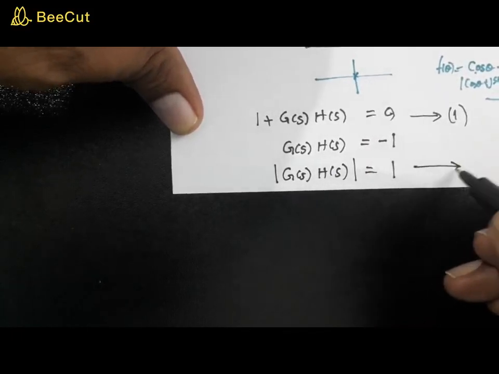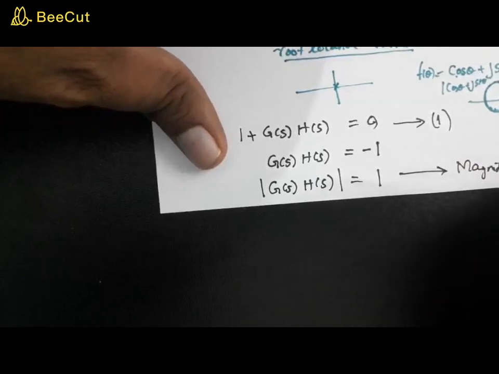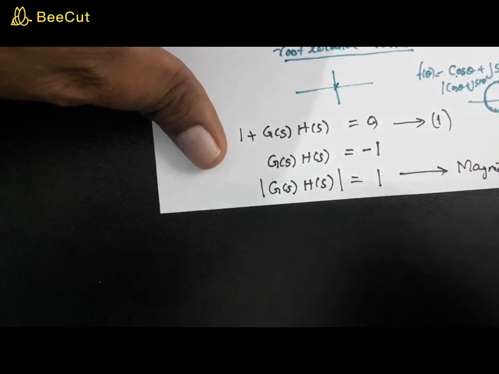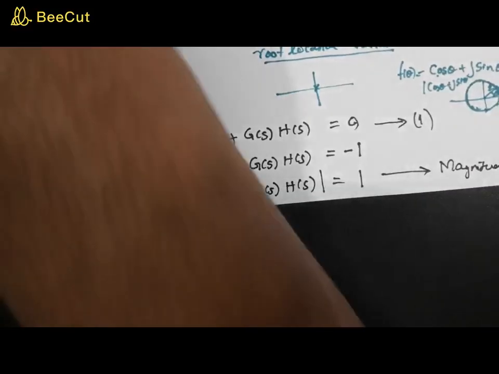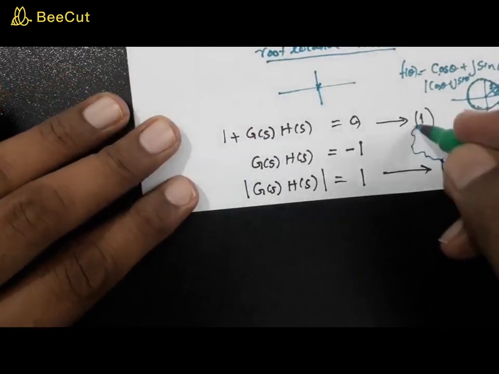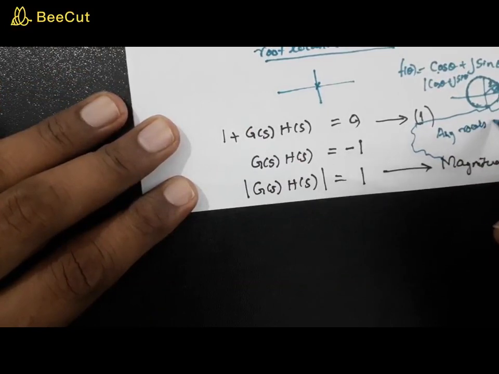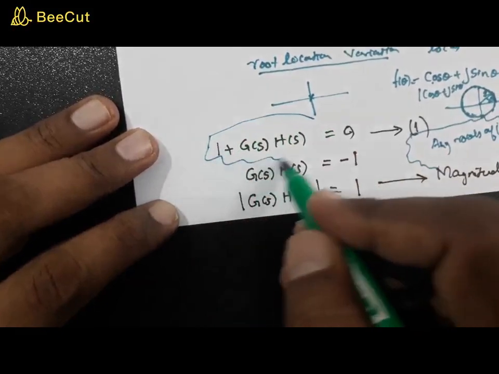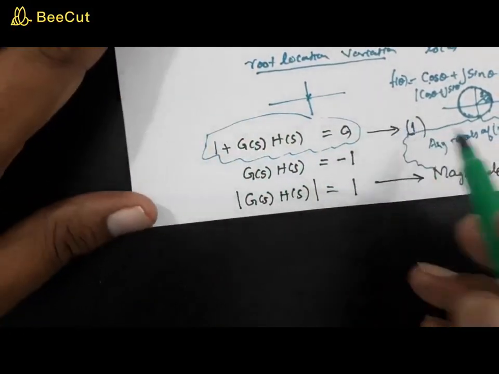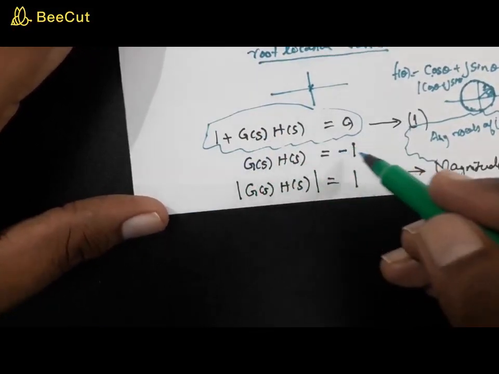This condition we call the magnitude condition or the magnitude criterion, right? And so you can come to another conclusion that any roots of this characteristic equation should satisfy this condition, right? The magnitude criterion.